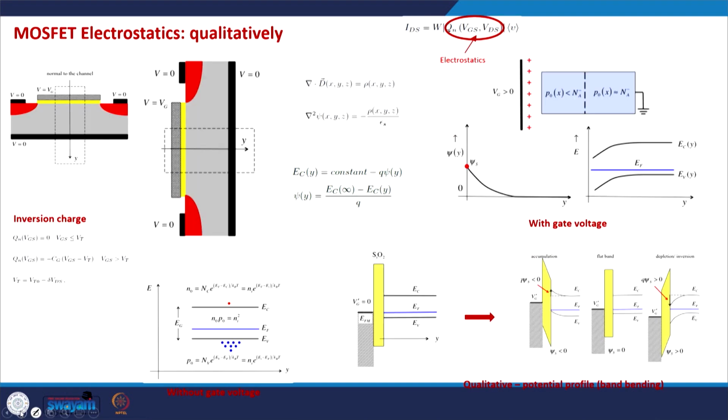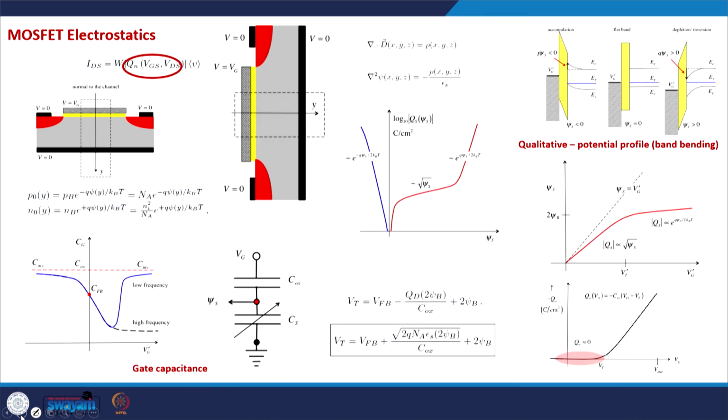Then we went to understand the MOSFET electrostatics. First, the conventional MOSFET electrostatics. We had a detailed discussion on the charge in the semiconductor as a function of the semiconductor potential, the relationship between the semiconductor potential at the interface and the gate voltage, and the relationship between the mobile charge and the gate voltage.